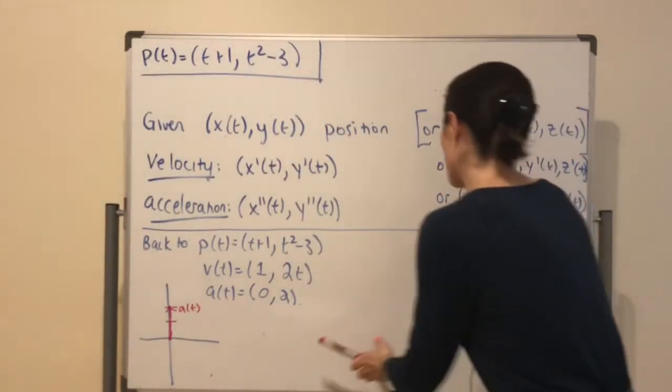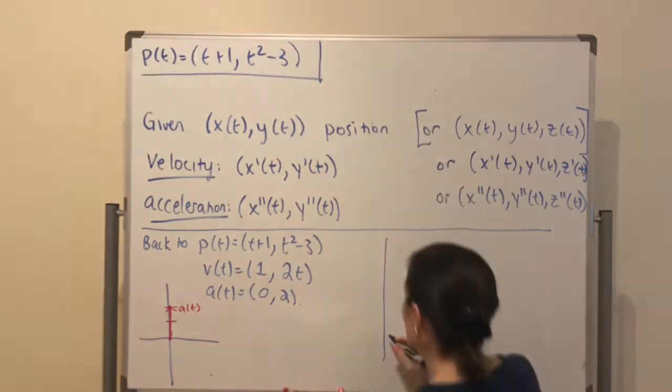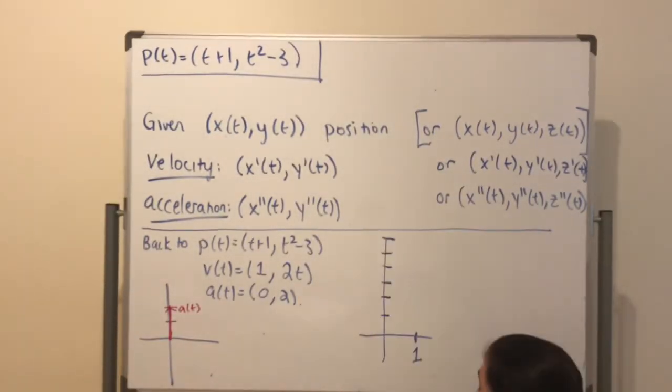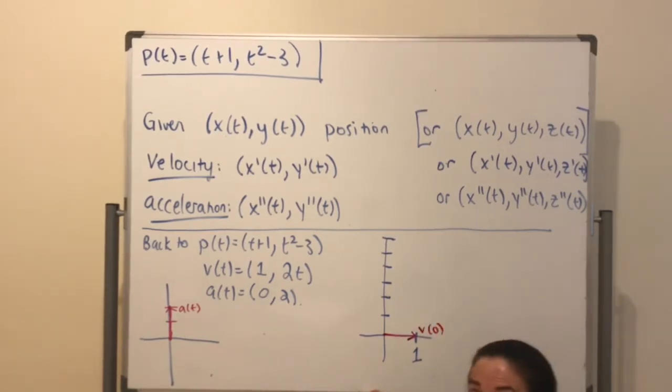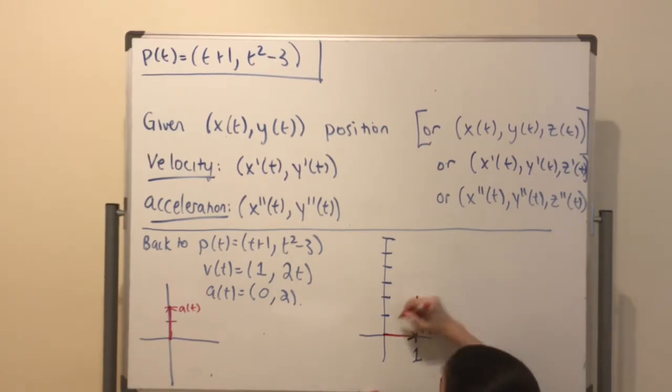I'll do it over here. When t equals 0, the velocity is here. This is v of 0. When t equals 1, the velocity is 1, 2.